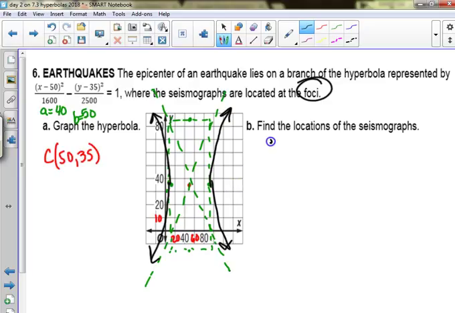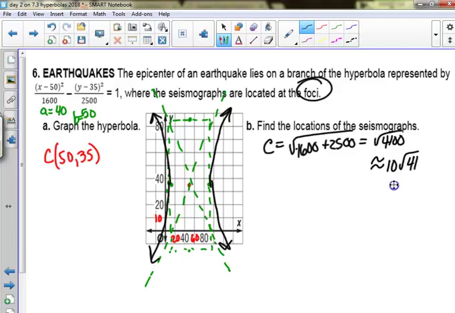We need C. Square root of A squared plus B squared would be the square root of 4100, which is roughly 10 square roots of 41, or what was the decimal, Madison?